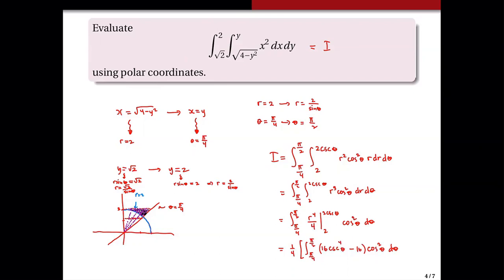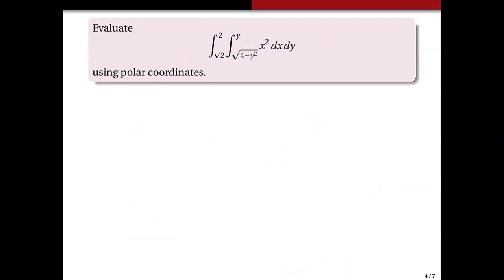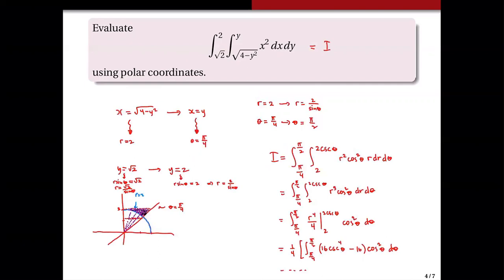So if we continue, let's continue it on the next page, we will have here a 1 over 4, an integral from pi over 4 until pi over 2. And then we have 16. Let me convert the cosecant here in terms of sine.